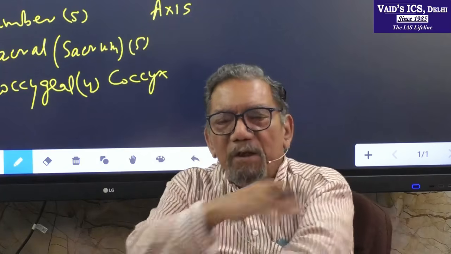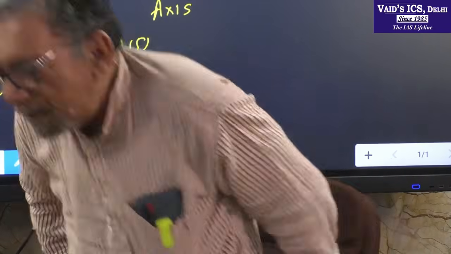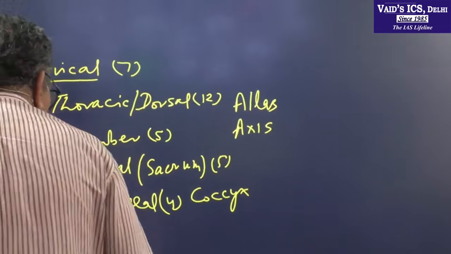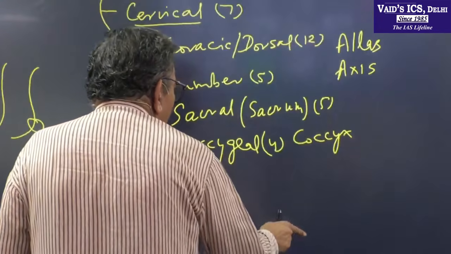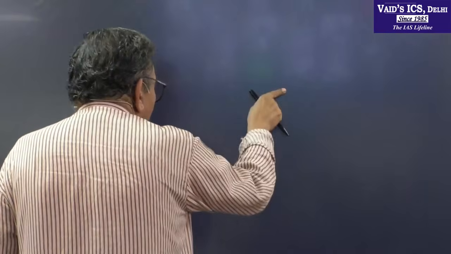Now the limbs. These are called upper extremities, arms, and legs are called lower extremities. Upper extremities and lower extremities. And we'll give a comparative account of these two.